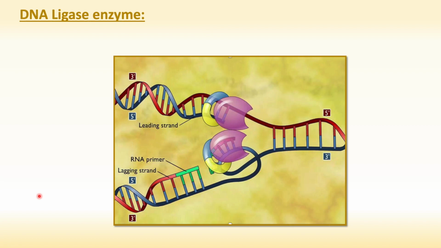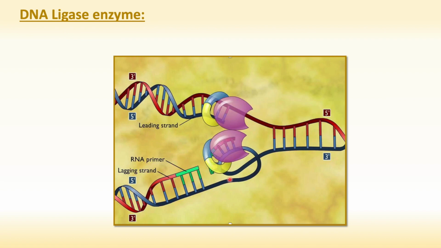What about the DNA ligase enzyme? Let me explain this. In DNA replication, the lagging strand is copied in small fragments called Okazaki fragments. This happens because DNA polymerase can only add nucleotides in one direction, 5' to 3', but the two strands run in opposite directions.